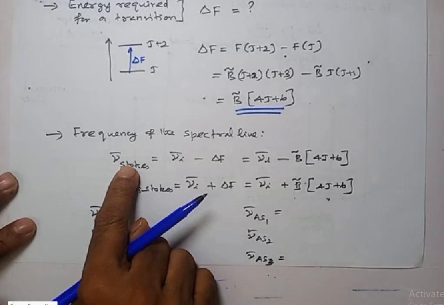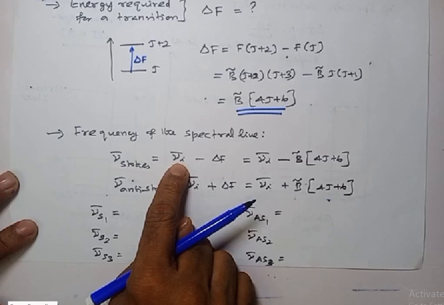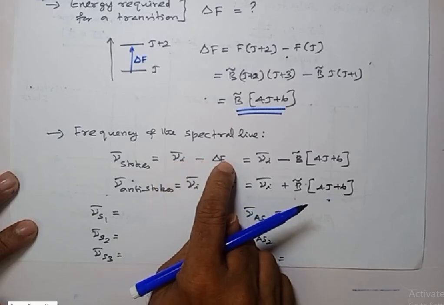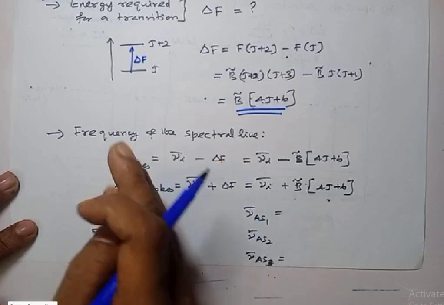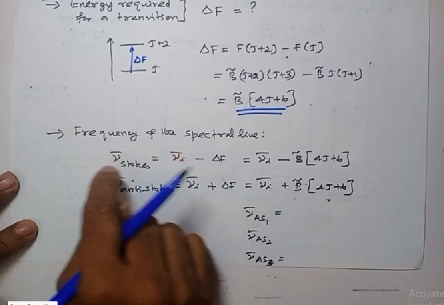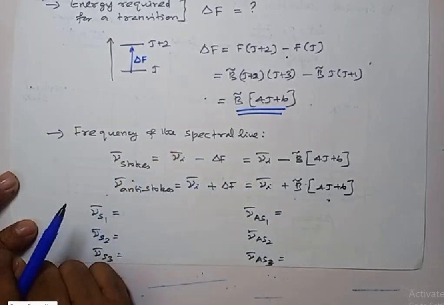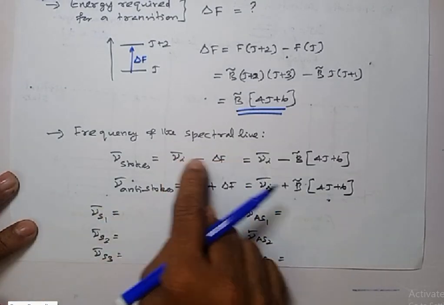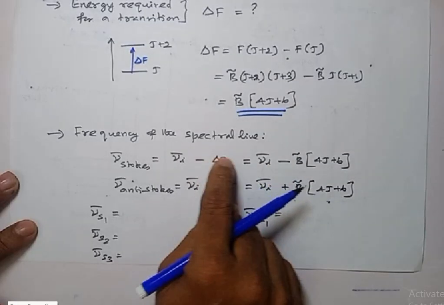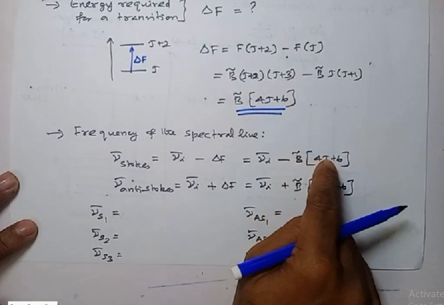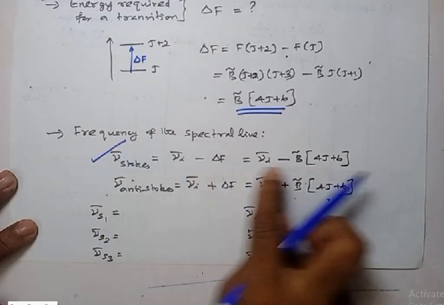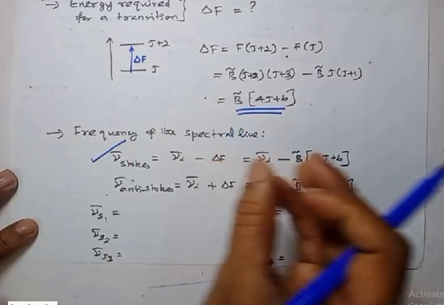The frequency of the Stokes line is equal to the frequency of the incident line minus the energy required for the transition, because Stokes lines appear on the lower frequency side of the incident. So you keep nu I bar as such minus delta F, which is B into 4J plus 6. This is the formula we are going to use to find the frequency of the Stokes lines.